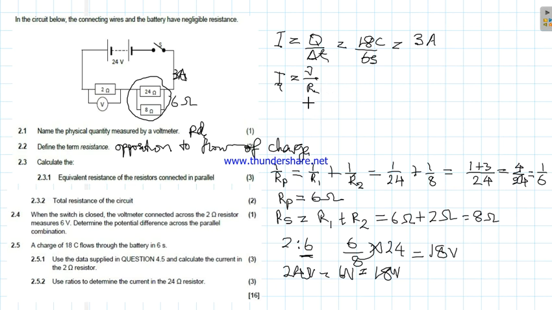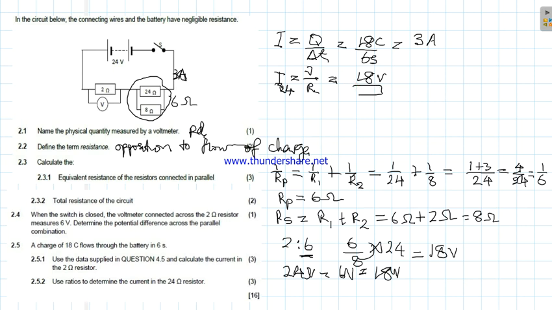Okay, we will start with the 24 ohm resistor. Right, what is the voltage across that resistor? We say the voltage is the same, it's 18 volts.